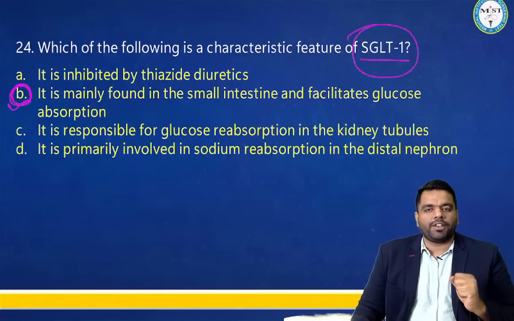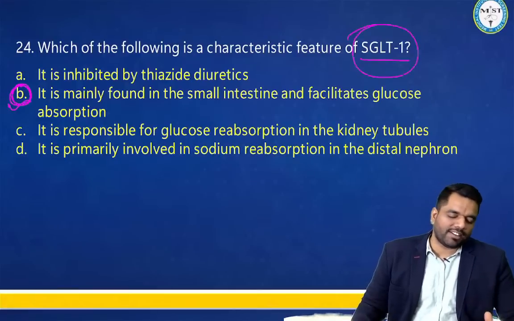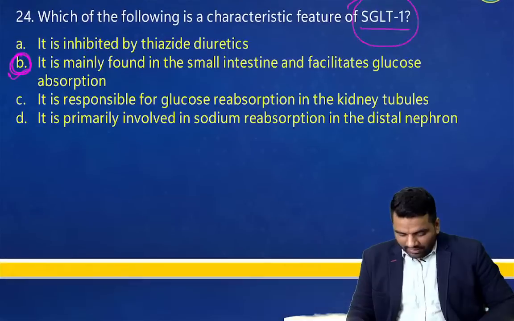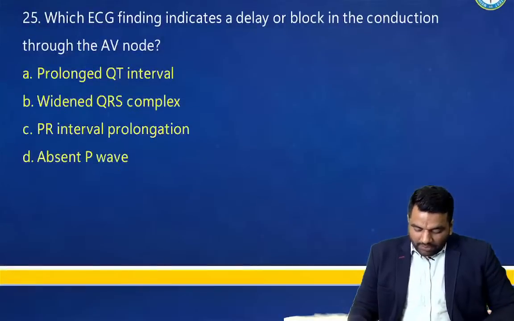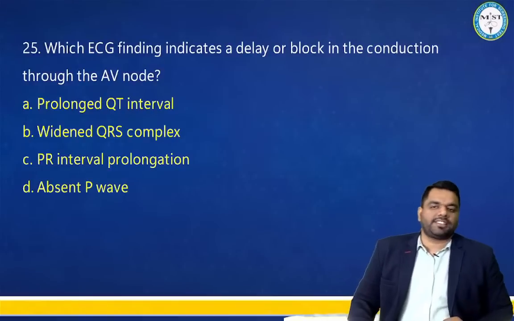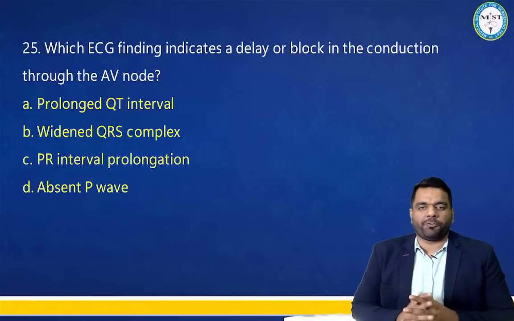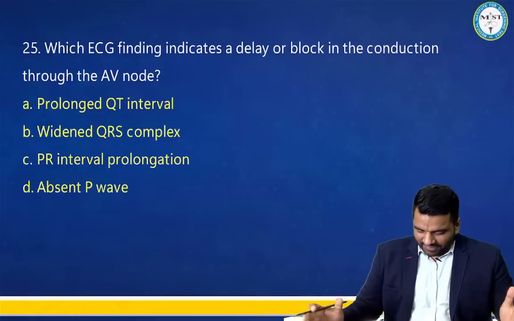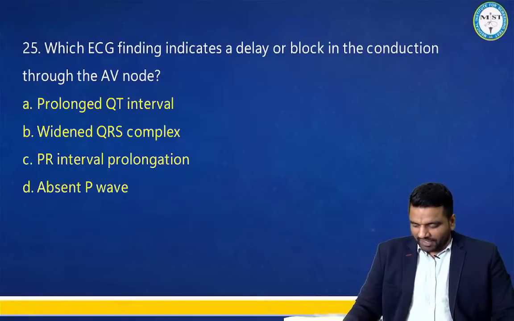On 6th of July you should pass, and you are coming with flying colors. I hope and I wish to God, beta. Right? Talking about the last question of today's session, which ECG finding indicates a delay or block in the conduction through the AV node? Yes, guys.